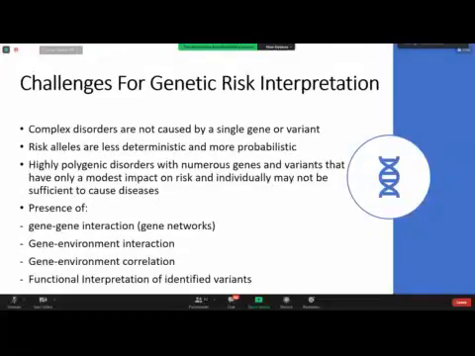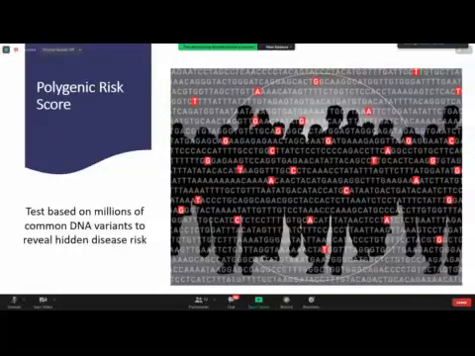But if I have hundreds of loci, how am I going to functionally evaluate them? So these are quite a lot of challenges in this kind of study.